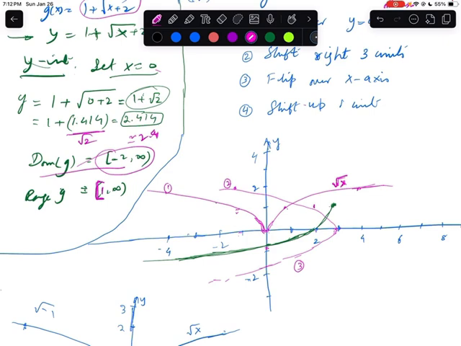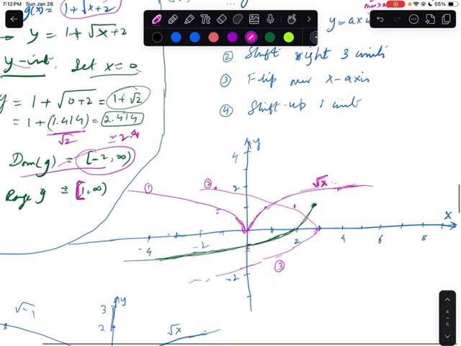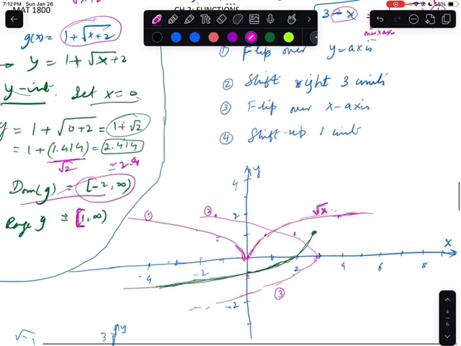So first graph the basic function square root of x, which is here. Then the first transformation we apply is the flip over the y-axis. So I numbered it 1. Darken it. Okay.